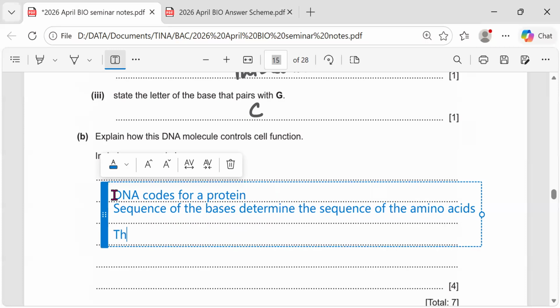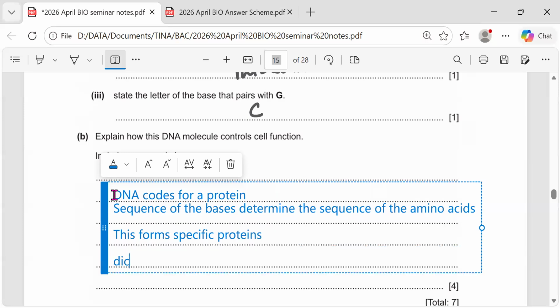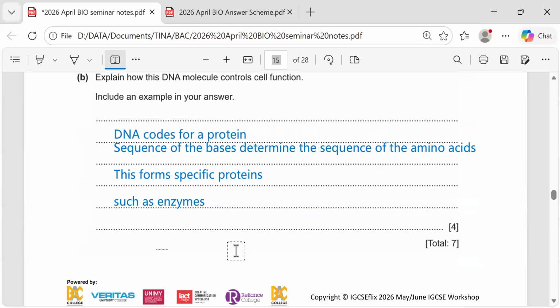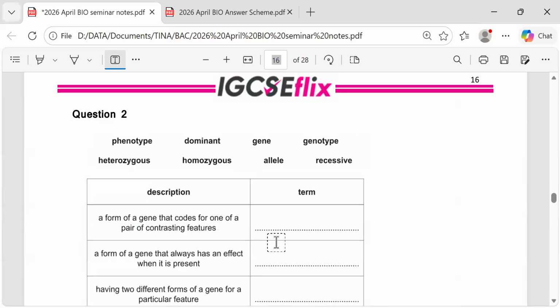Okay, this forms specific proteins such as, yeah. Okay. So fish.